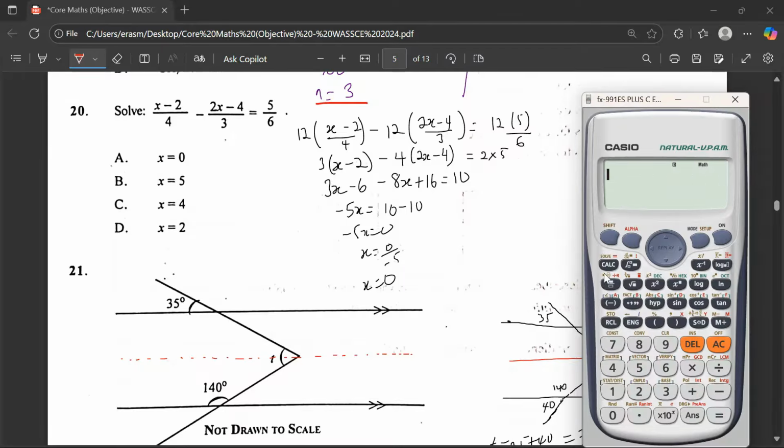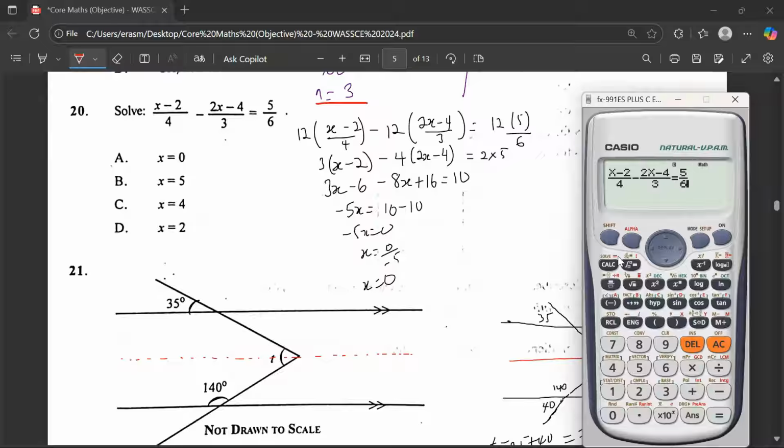You are going to have a fraction alpha x minus 2 on 4 minus another fraction 2 alpha x minus 4 on 3, and this equals alpha calc, that is it, 5 on 6.